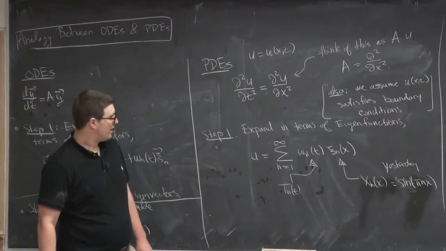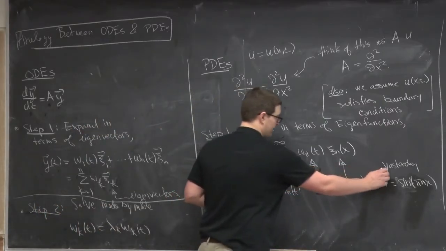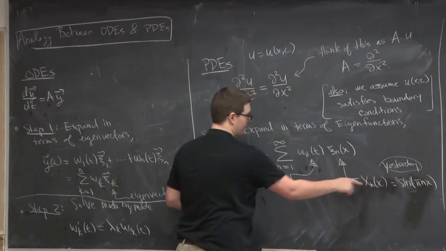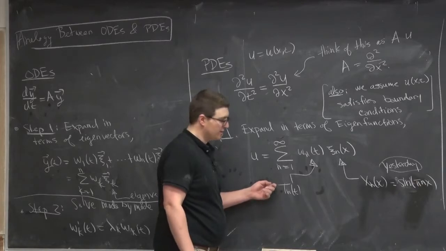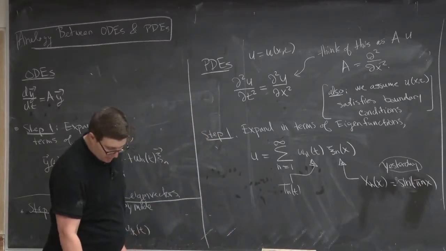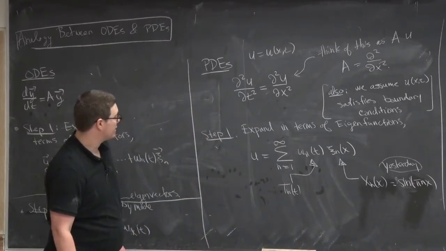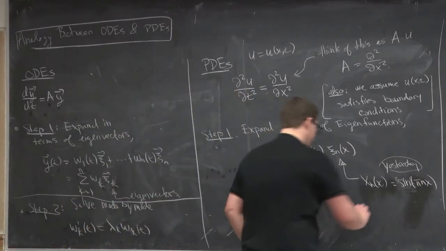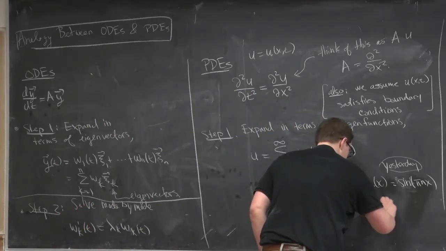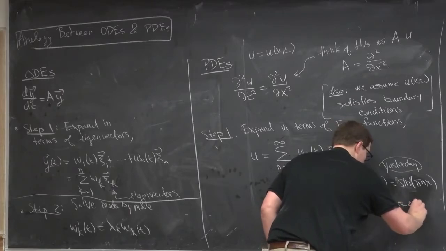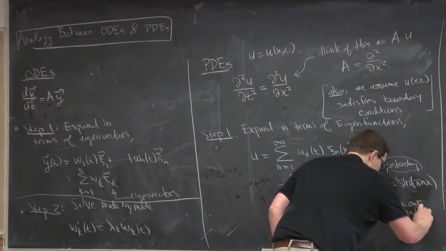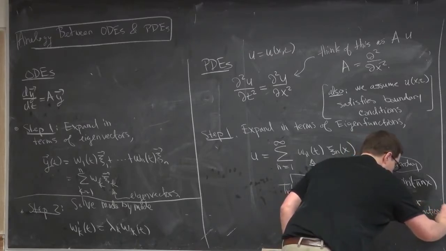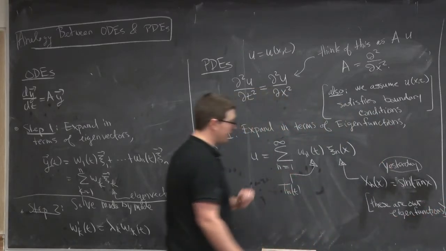Is it clear what I mean by what we called this yesterday, but the previous class? So these guys are our eigenfunctions, and these are like our coefficients.